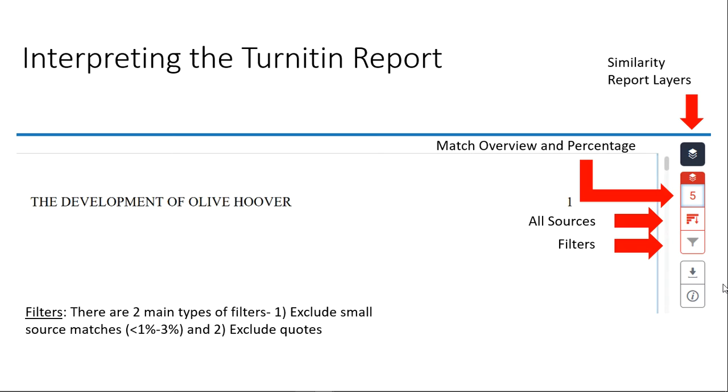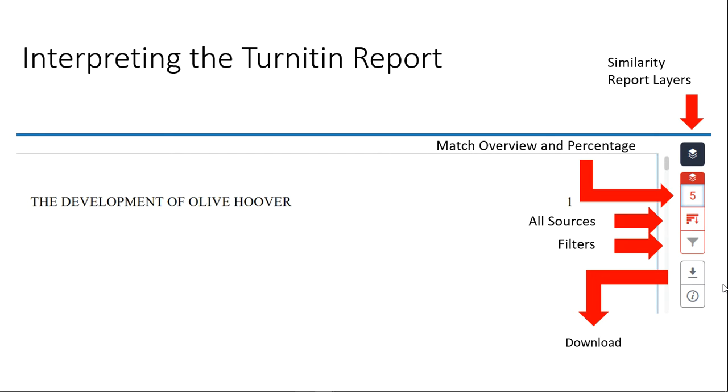The two main types of filters are excluding small source matches, usually less than 1% to 3%, and quotes. This setting may not be available for all papers. Fifth is the ability to download the similarity report, complete with highlighted matches. And lastly is submission information for the paper.